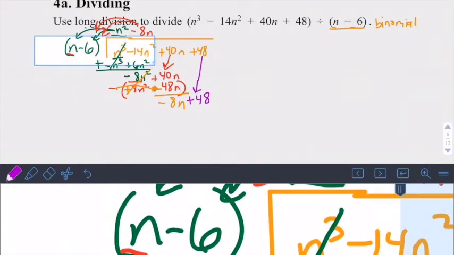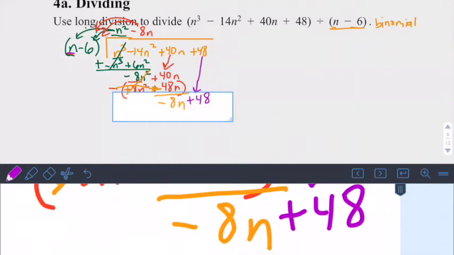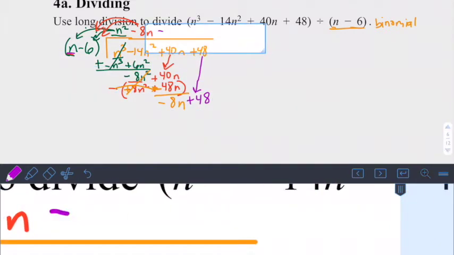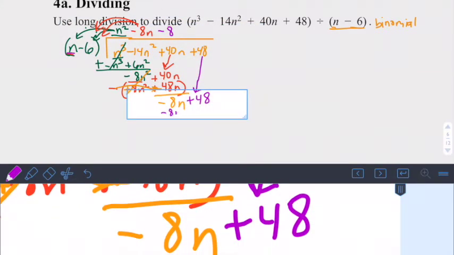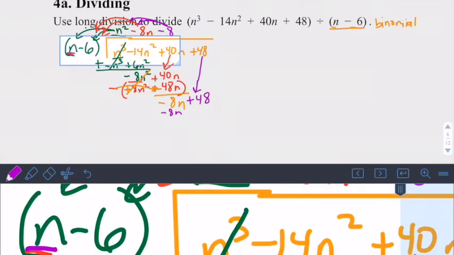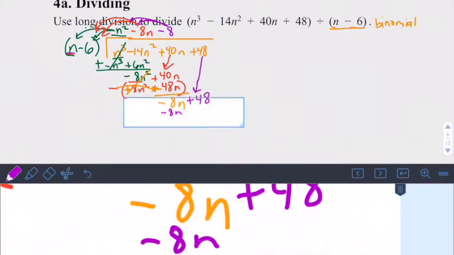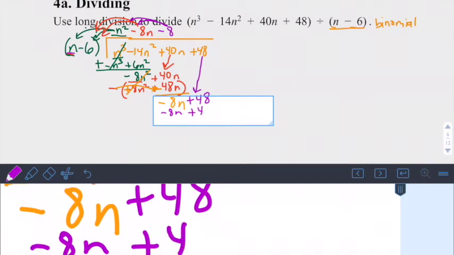I want to figure out what times n will give me negative 8n. Well, this one's pretty easy. Minus 8 times n gives us negative 8n. But then I have to distribute that to both, remember? So now I have to distribute that negative 8 times negative 6. Negative times negative makes it positive. 8 times 6 is 48.